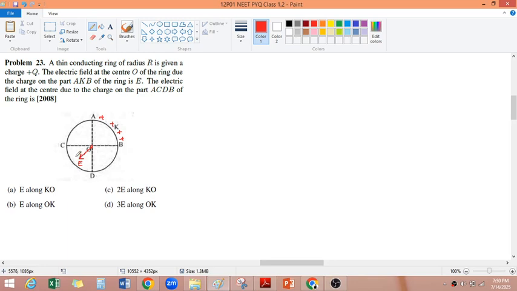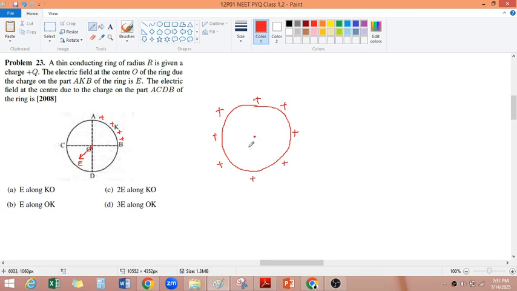Electric field at the center due to the charge on the part ACDB, which means the rest of the ring. If I consider this entire thing, the electric field at the center, listen carefully, very easy problem. If I put a test charge here, what will be the electric field? Anybody?